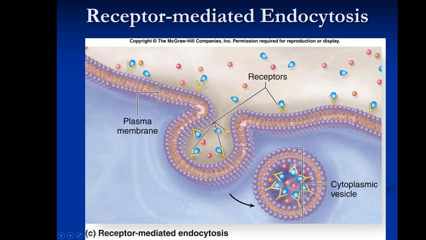So if you look closely, these receptors are only attaching to the blue particles. They're not specific for anything else. And so those receptors allow the cell to get things in in a very specific manner. So out of all of these, the most specific mechanism of getting things into the cell is receptor-mediated endocytosis.